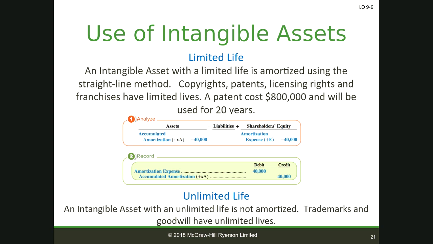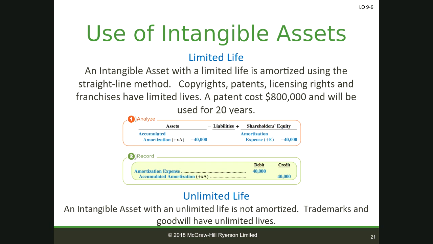Again, unlimited life assets are not amortized, but you review those assets once per year for impairment. All the other assets, which are intangible, are amortized over their economic useful life, and then you also have to consider impairment on those assets, even after you amortize them.